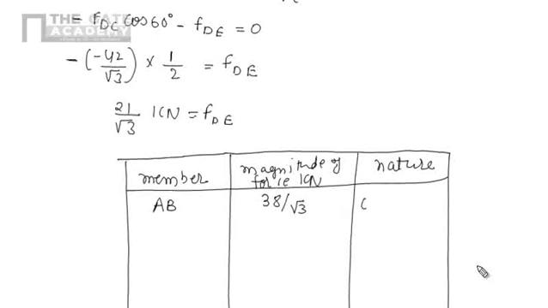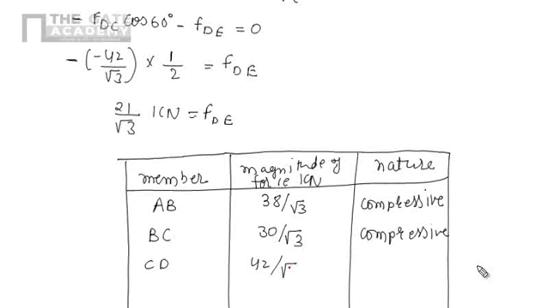It means it is compressive. Similarly, for BC, again the magnitude is 30 by root 3 and the sign is coming negative, so it is compressive. Similarly, for CD, the magnitude is coming 42 by root 3 and the sign is coming negative, so the nature of force in the member is compressive.